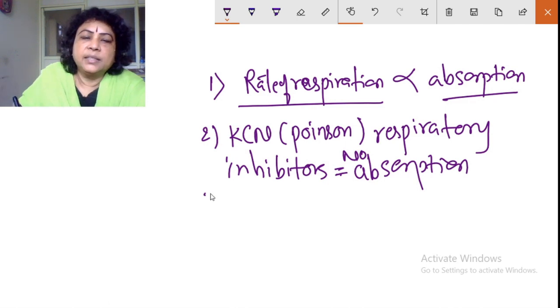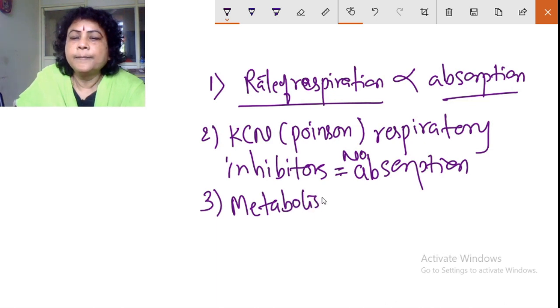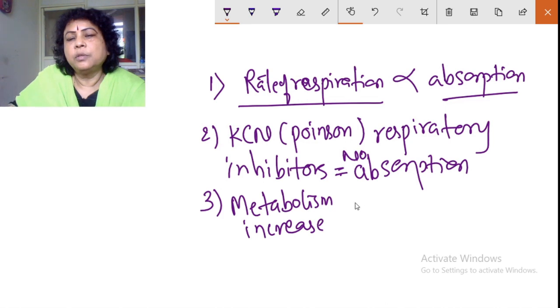And the third evidence: when metabolism increases, the absorption also increases.